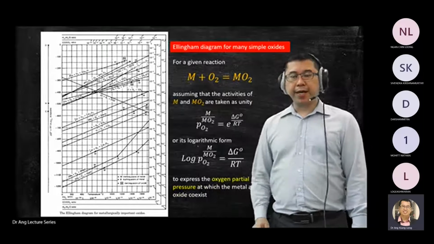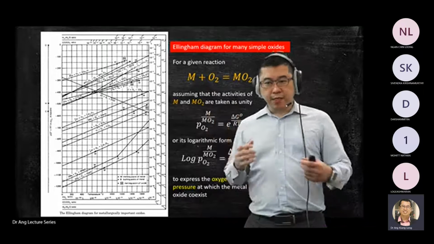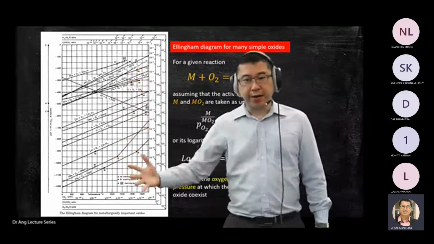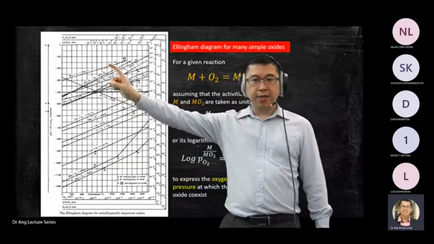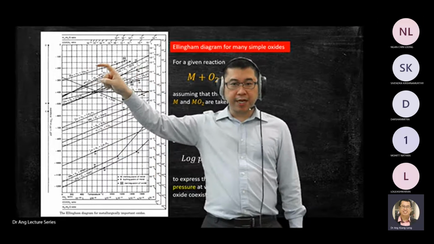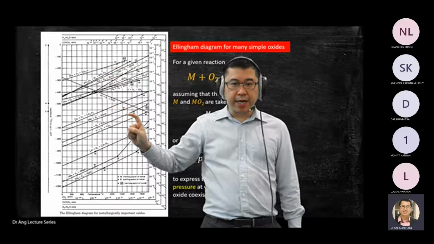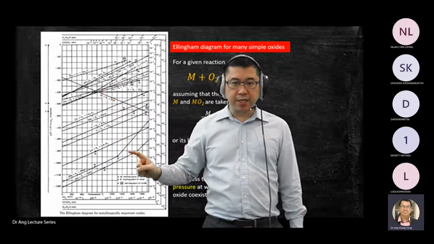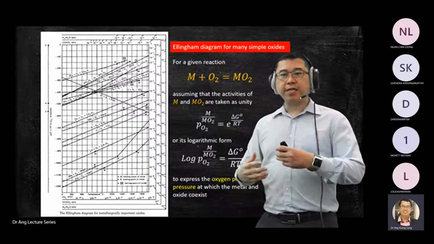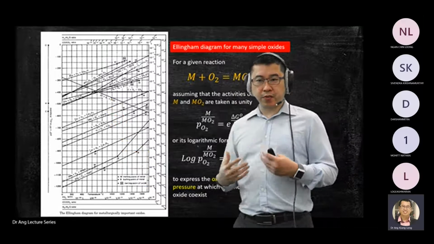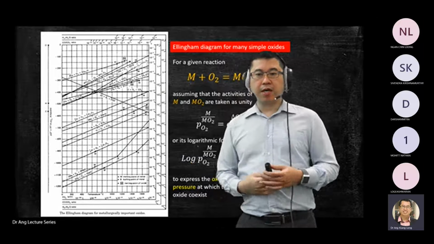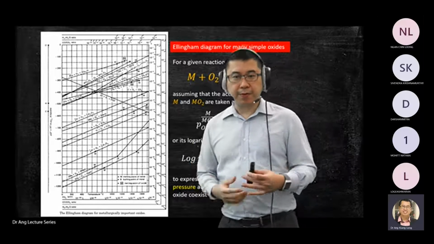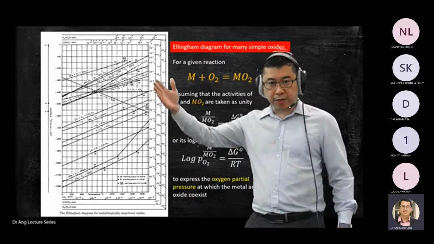Okay, and then let's say I just give you a free mark in the test or exam. I give you this diagram, and I label these lines, maybe A, B, C, D. I ask you to arrange in stability sequence, from the most stable until the least stable oxide based on this diagram.